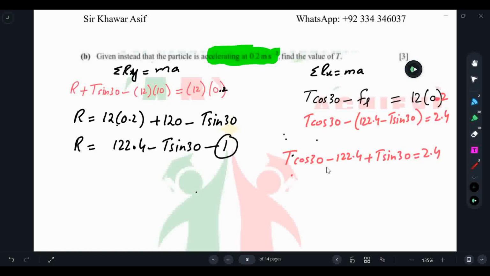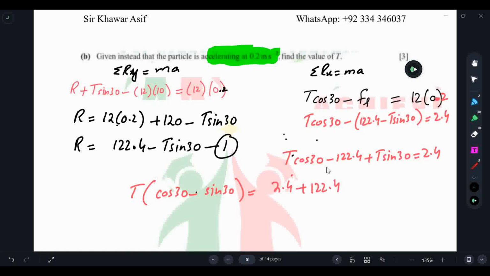Now if we simplify it, what will this be equal to? Let's see the answer. We can take T as common, so this will be (cos 30 plus sin 30) T is equal to 2.4 plus 122.4.